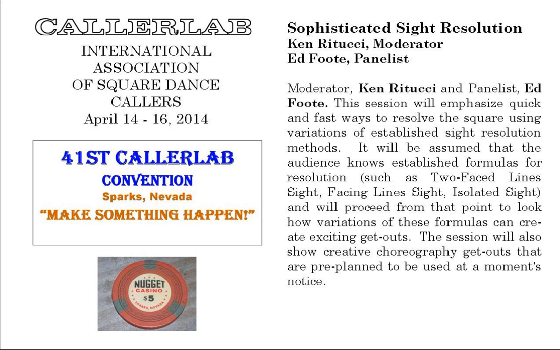here real fast? Well, I know from the formula of Dixie Grand that from a starting double pass-through position, I want the primary couple in the center, secondary girl behind, or flip of that, secondary couple in the middle, primary man behind, not with partner. Girls turn back, right and left through.